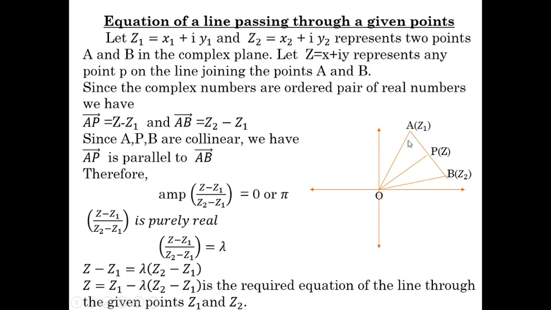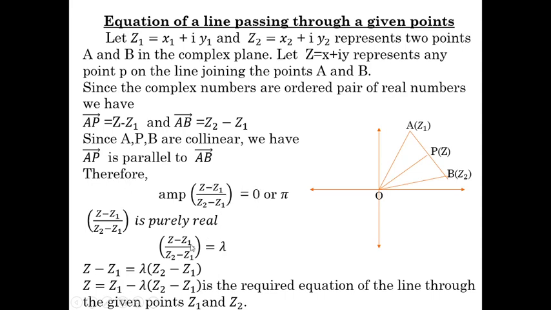Hence when two lines are parallel, then the amplitude of (z - z1)/(z2 - z1) is equal to 0 or pi. That is, the amplitude of (z - z1)/(z2 - z1) = 0 means the bracket function represents a purely real number.